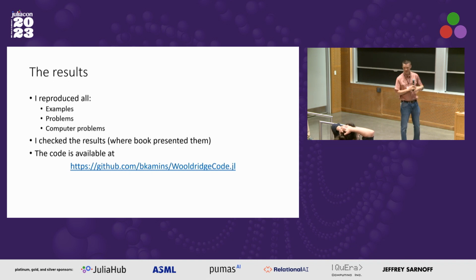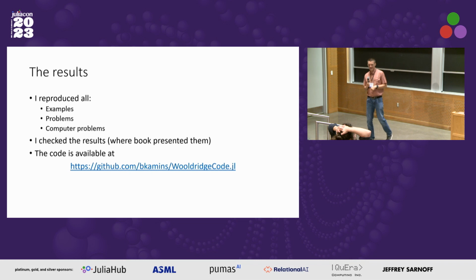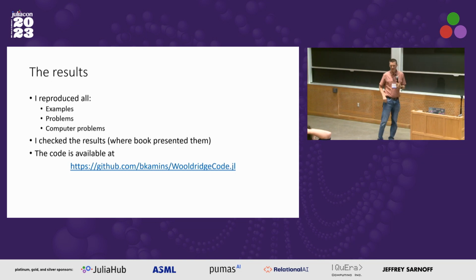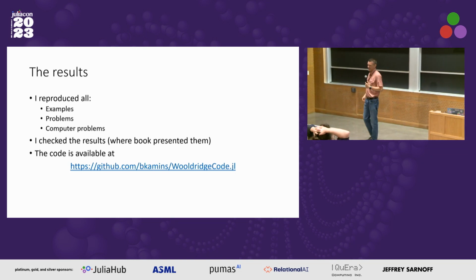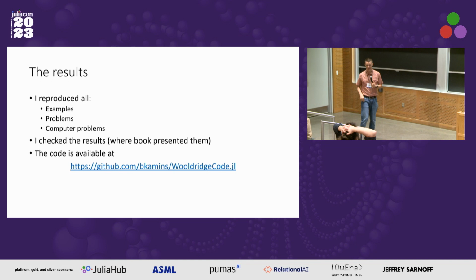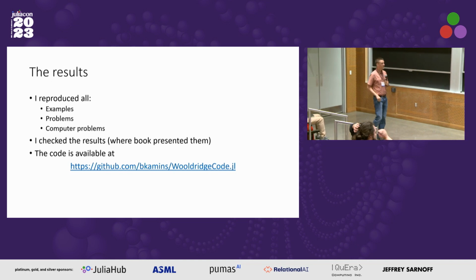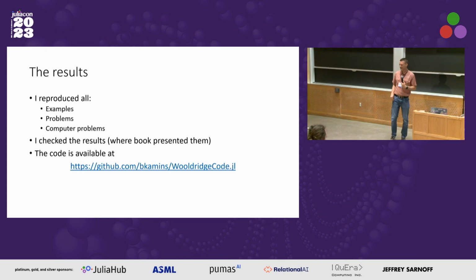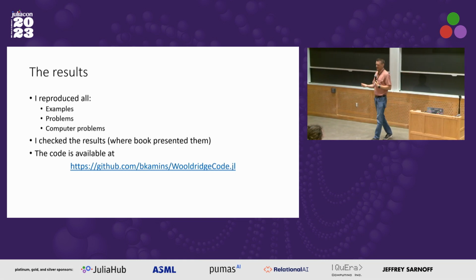And computer problems are the tasks for students to really do something. And I also reproduced all of them the same way. And where possible, I cross-checked the results I got against what the book produced, and I didn't ship anything in case it wasn't consistent.